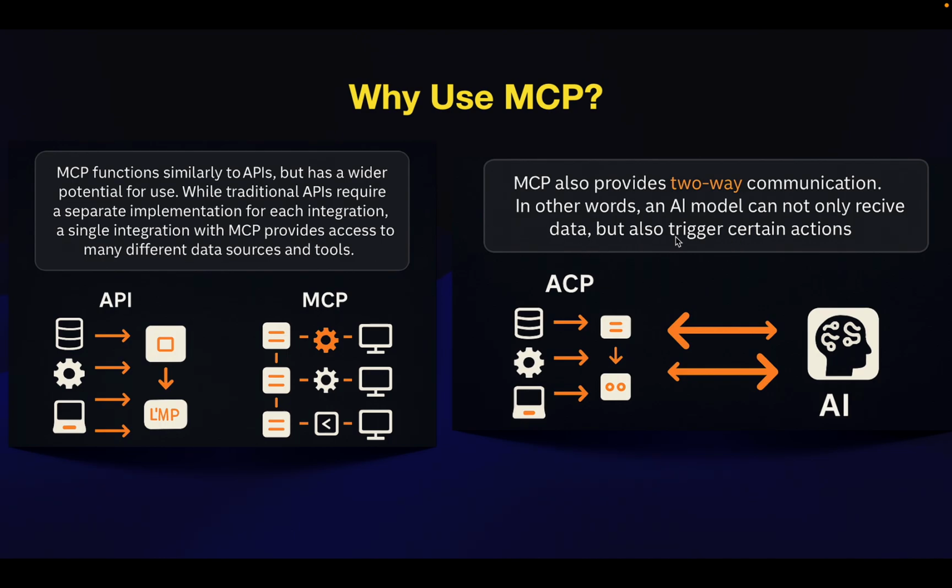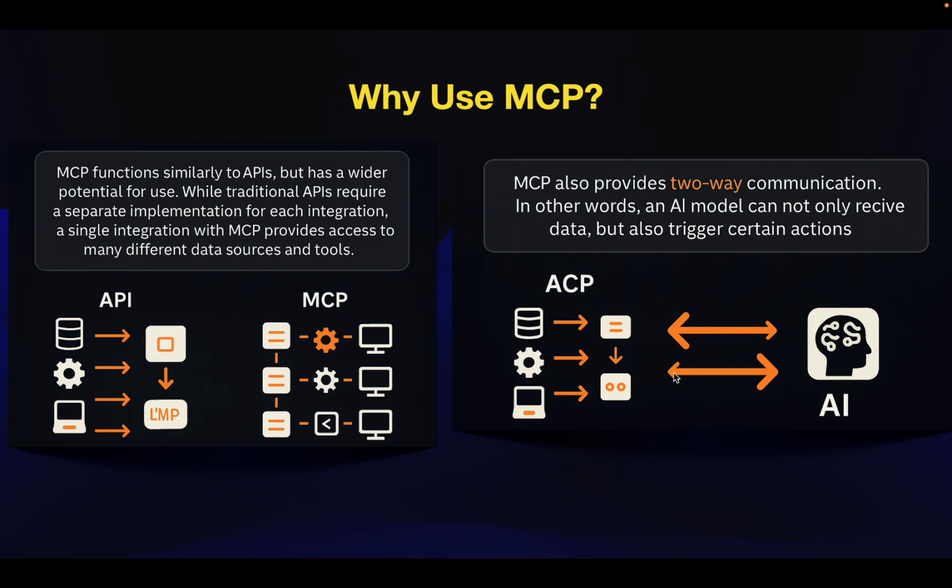Now let's talk about another huge advantage: two-way communication. Traditional APIs are like a one-way street. Data goes from a server to the user, that's it. But with MCP, it's like a two-way conversation. The AI model can receive data and then send back an action as well.